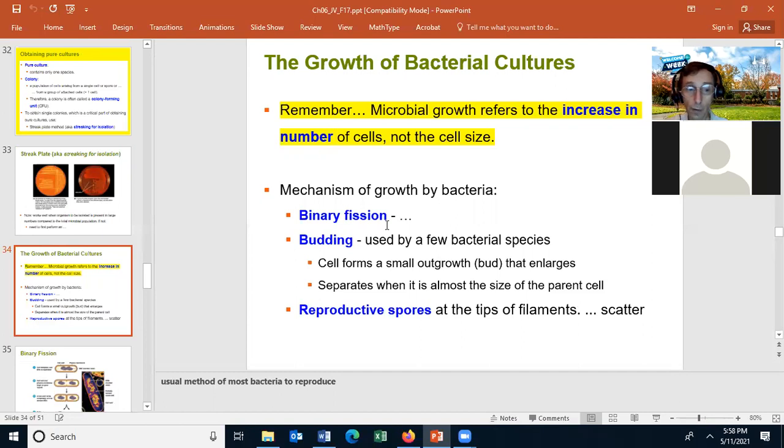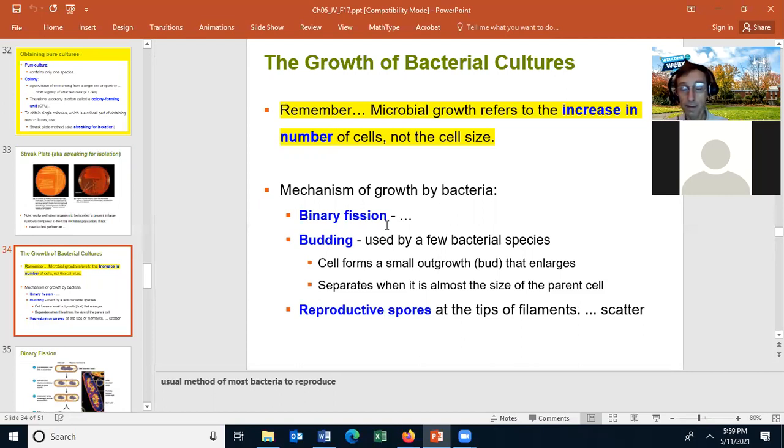A few bacteria grow by budding, where the parent cell puts off a little bud at one end of the cell, and then the bacteria DNA divides, meaning copies, and then divides, and one copy is put into the bud.